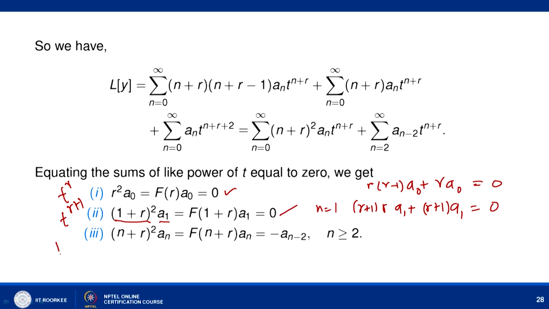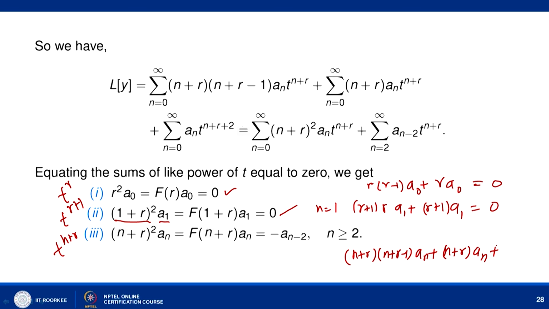And then when you put the general term t to power n plus r equal to 0, then what you will get is, from this term, let us write the general term: n plus r into n plus r minus 1 a n plus n plus r a n. If you look at the last term, it has power t to power n plus r plus 2.